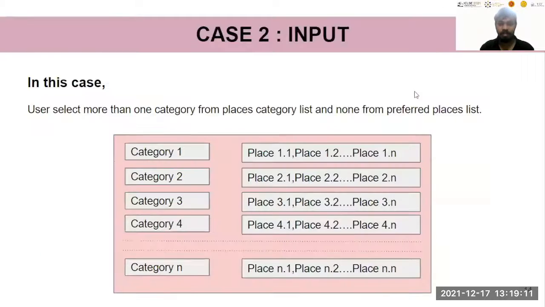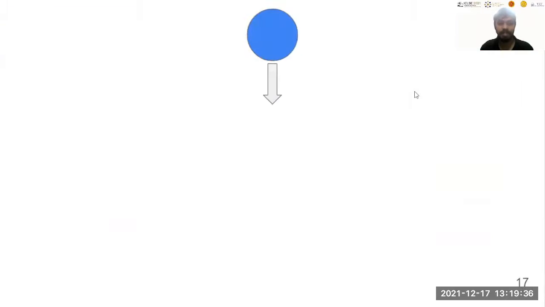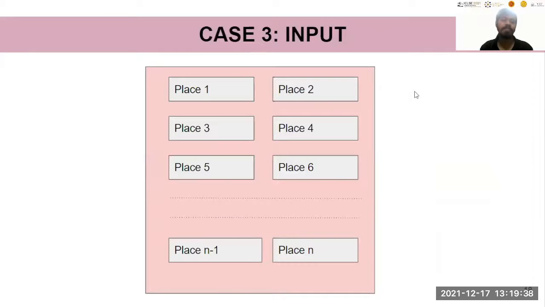In case 1, he selects both from categories and from places. In case 2, he only selects a few categories. In case 3, the user will only select a few places.